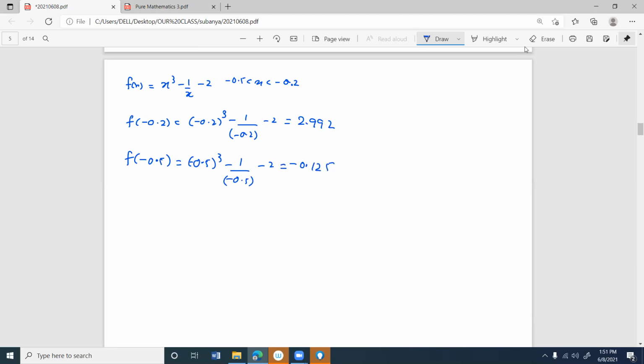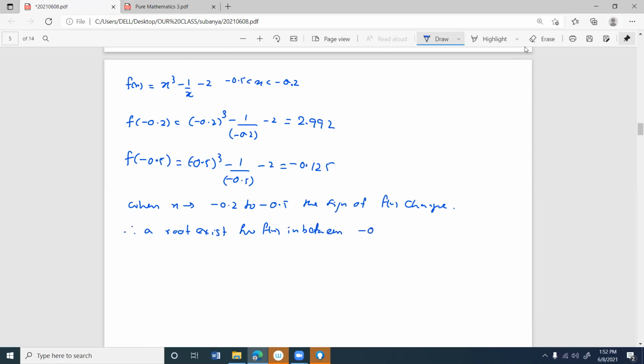So you can say when x goes from minus 0.2 to minus 0.5, the sign of f(x) changes. Therefore, a root exists for f(x) in between minus 0.2 and minus 0.5.